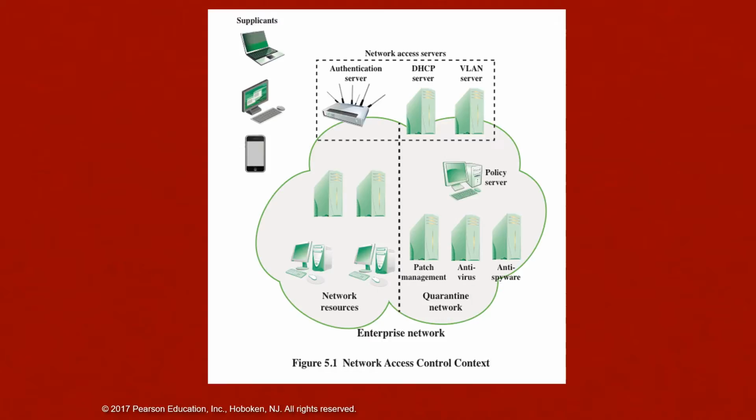For example, the user's anti-malware software must be up to date, the operating system must be fully patched, and the remote computer must be owned and controlled by the organization. These checks should be performed before granting the AR access to the enterprise network.